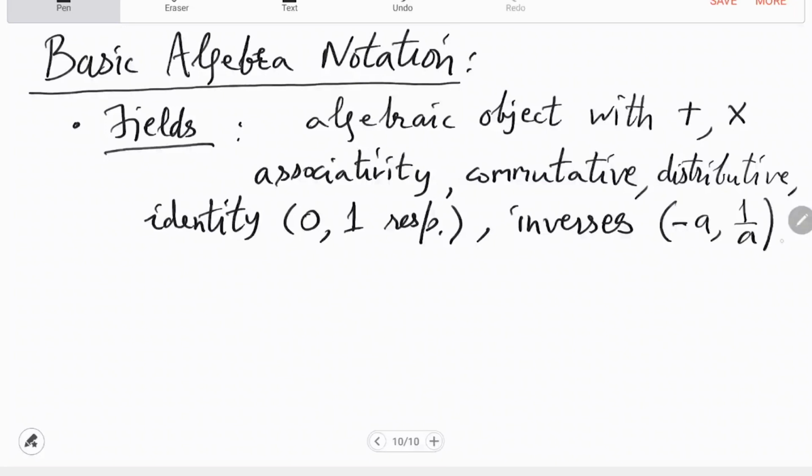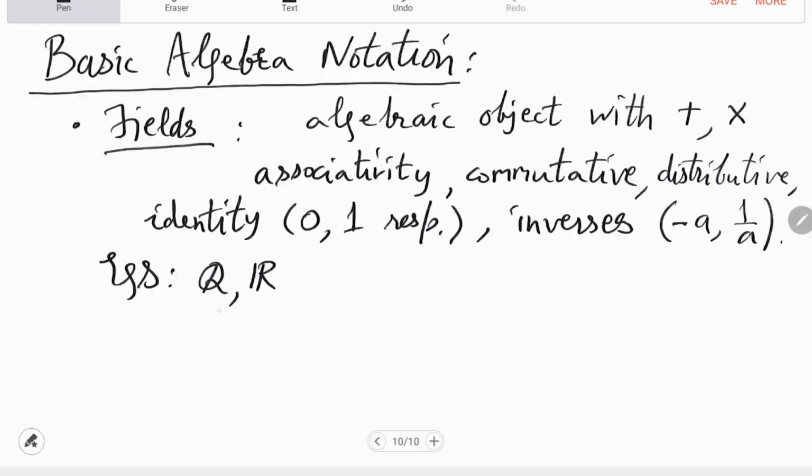So what are the examples of fields? What are your favorite fields? Yes. So R is definitely a good field. Something smaller than R is Q. Are integers a field? Why not? Yeah, because the only problem is division.